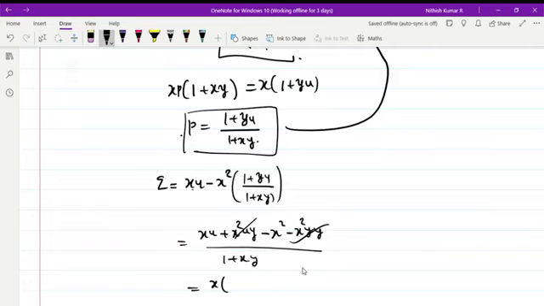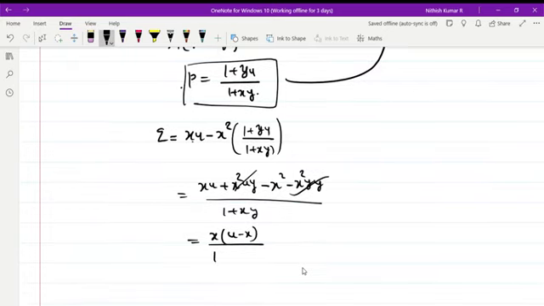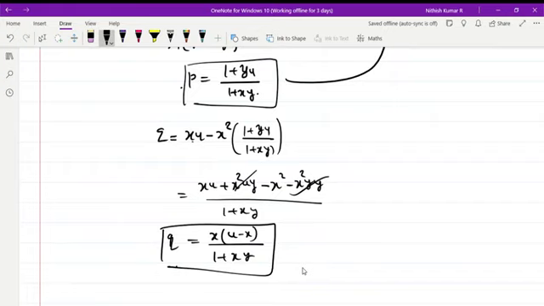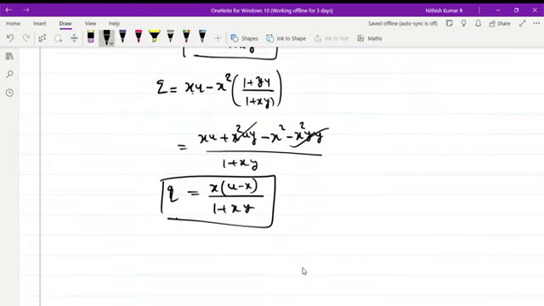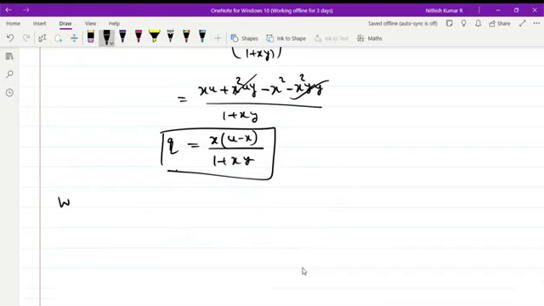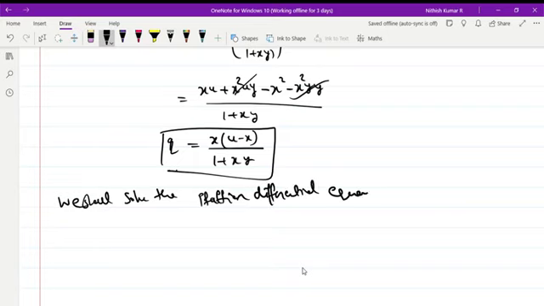From this we have p equal to (1 plus y) u divided by (1 plus xy). Now substitute this p in equation 2. For q we have q equal to xu minus x square p.